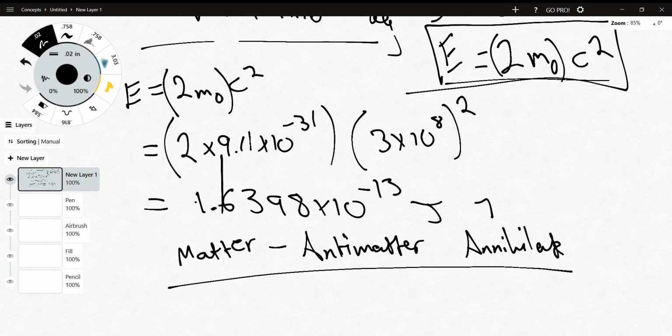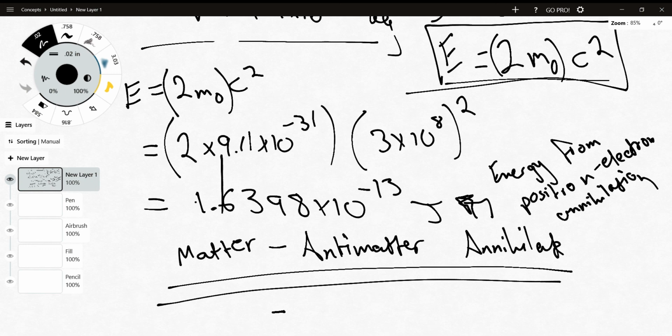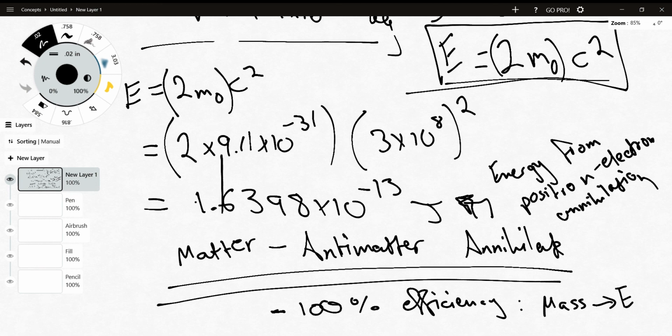This is a true representative conversion of the energy from positron-electron annihilation, because this method, matter-antimatter annihilation, has 100% efficiency in converting mass to energy.